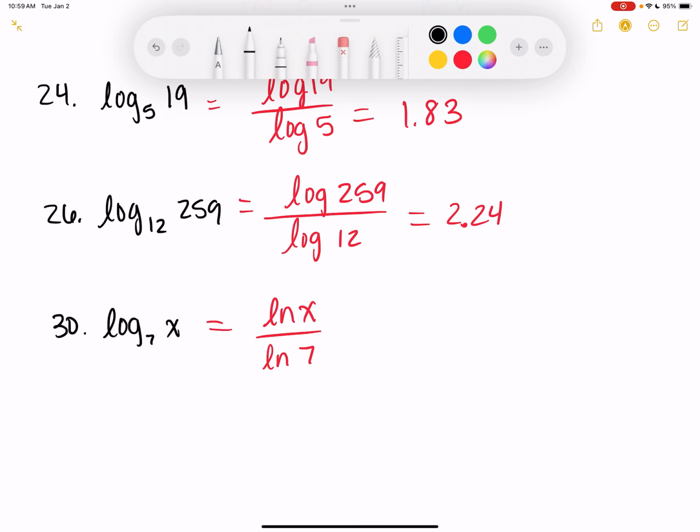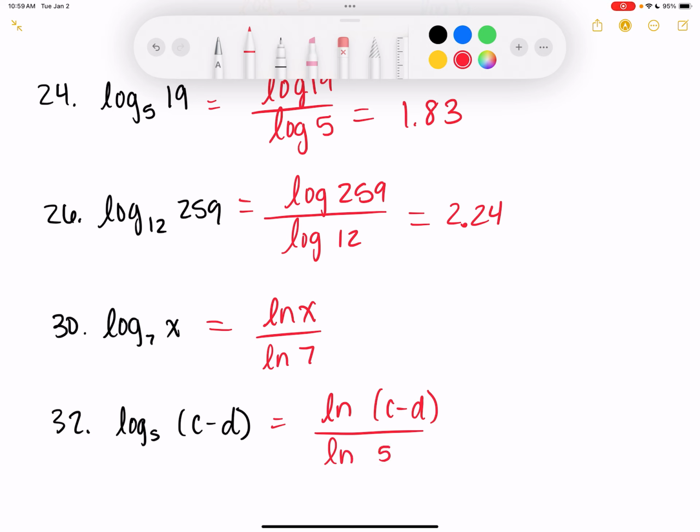32 still wants us to use natural logs. Log base 5 of C minus D. So again, things that we don't know. So this is going to be ln of C minus D divided by ln of 5.